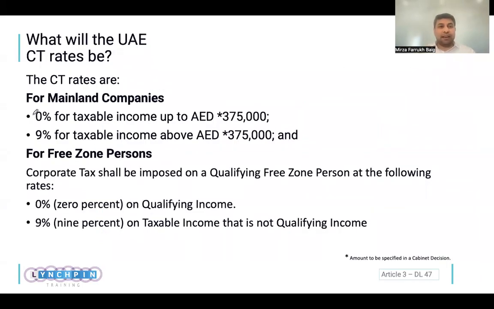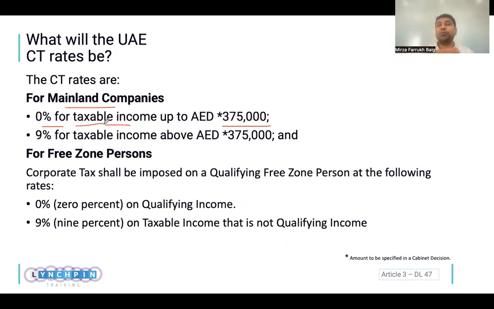The rates here, we have two rates for inland entities who are incorporated outside the free zones. 0% would be on the taxable income up to 375K. So we would have our first threshold of income at 375K, the first slab. It's the taxable income, it's not about the accounting income.